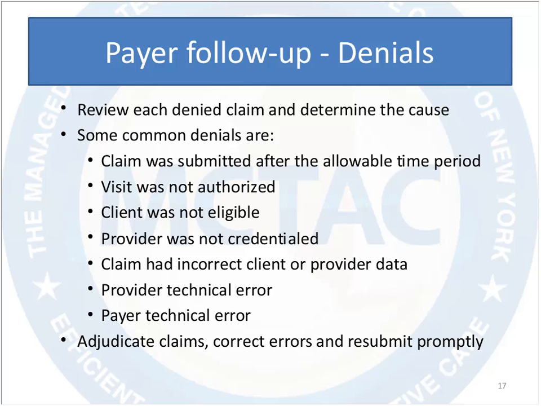So it's extremely important that you understand where your errors are, why your claims are being denied, and then what actions are necessary to adjudicate those claims. Adjudicating those claims means figuring out, again, what the error was, what caused the claim not to be paid, what actions are necessary, who you need to contact, and what needs to be corrected, so you can resubmit those claims as promptly as you can.